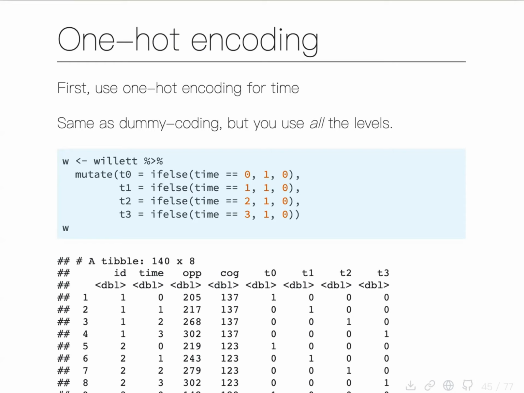But what we'll do is drop the intercept and then estimate each of these. This is true of fixed effects as well. If you want to estimate all the levels of a categorical variable, you could drop the intercept, and then you don't have to have a reference group. You just estimate the means for every category.